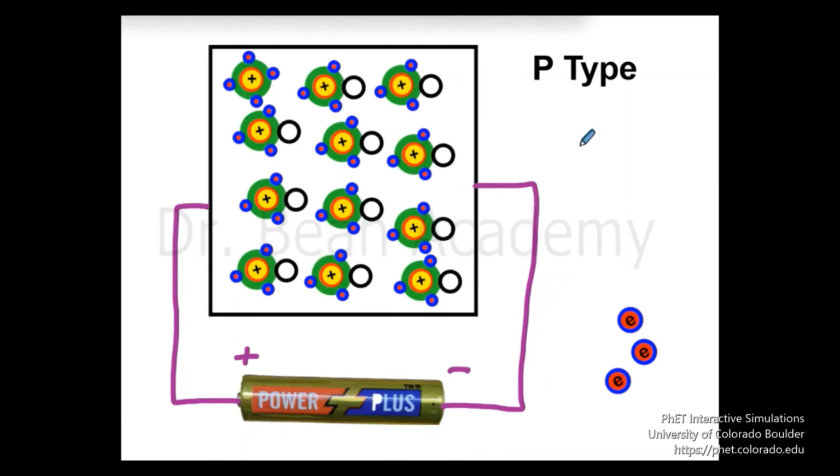You know that a p-type semiconductor or silicon is a material in which I dope intrinsic or pure silicon with a pentavalent atom like boron.